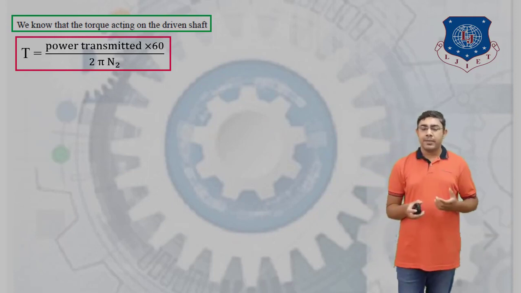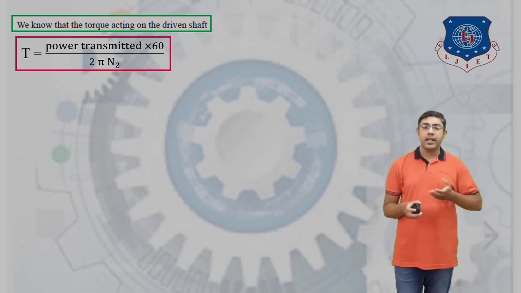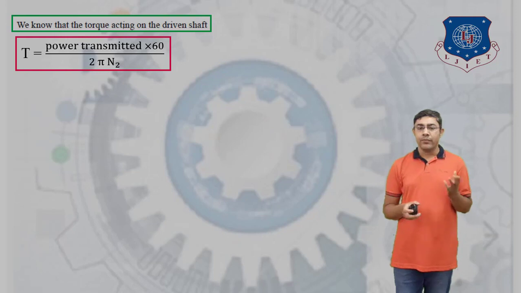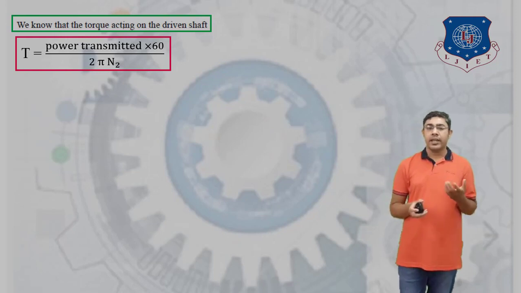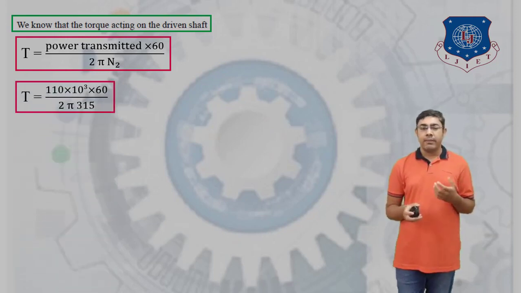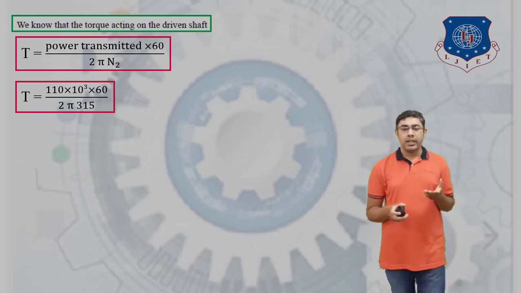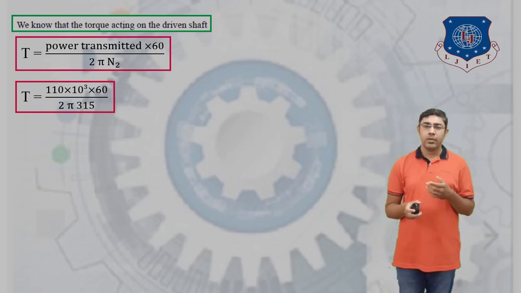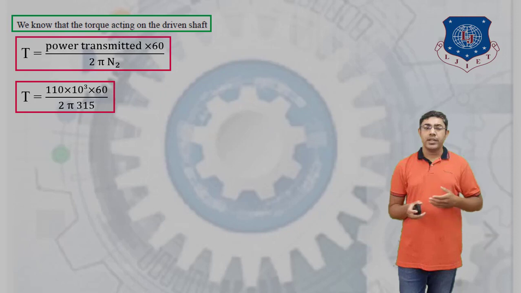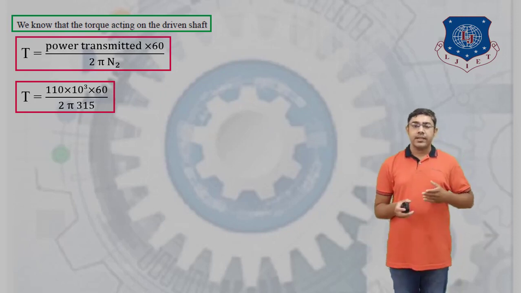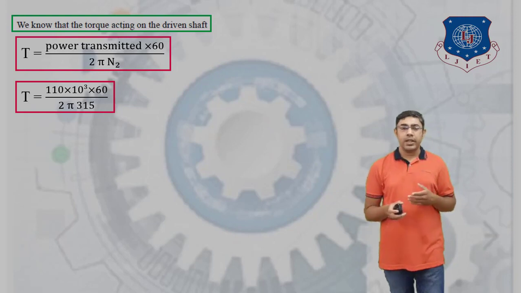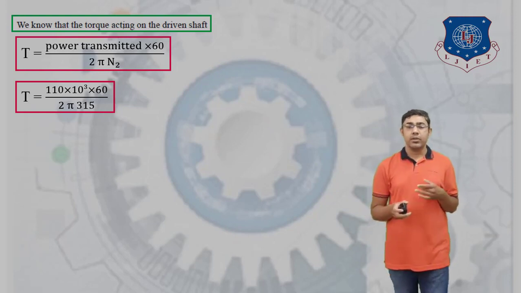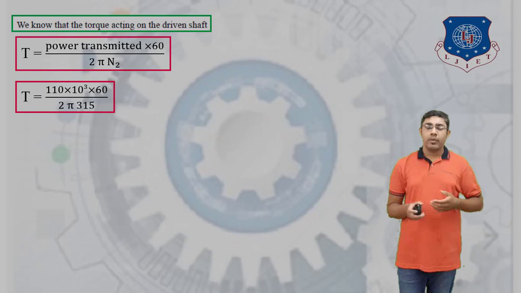Here the power transmitted is given, so it is 110 into 10 raised to 3, and we calculated N2 in our previous slide. So T is equal to 110 into 10 raised to 3 into 60 divided by 2 pi 315, where 315 is the speed in revolutions per minute, equal to the speed of the driven pulley.